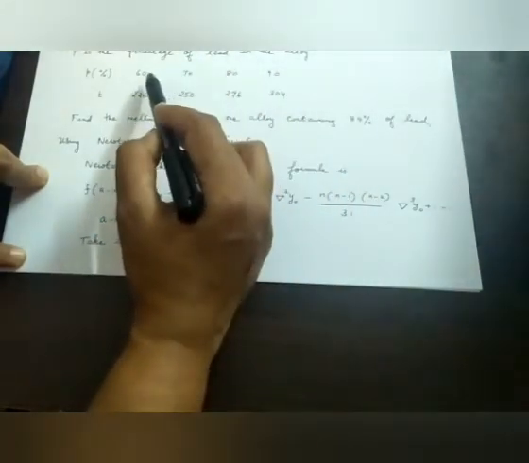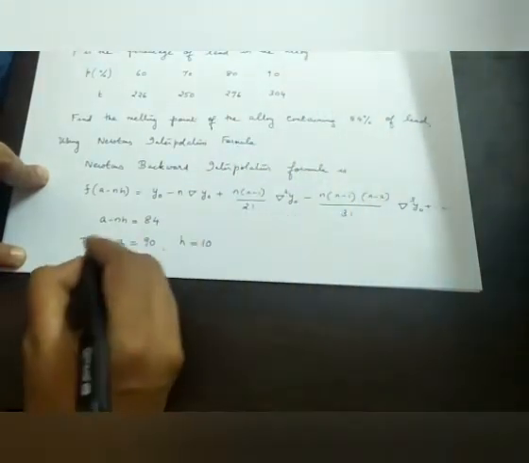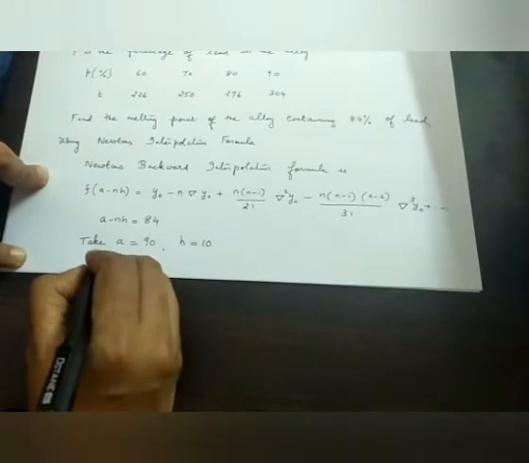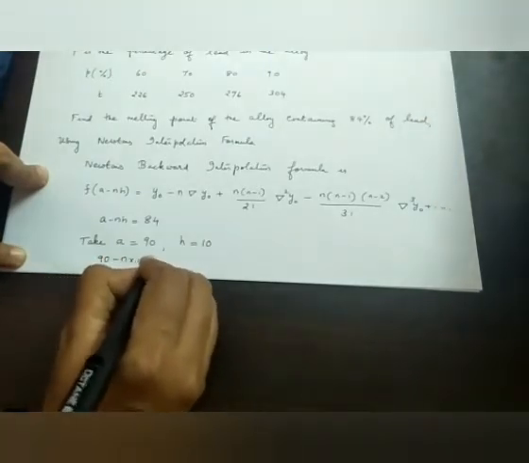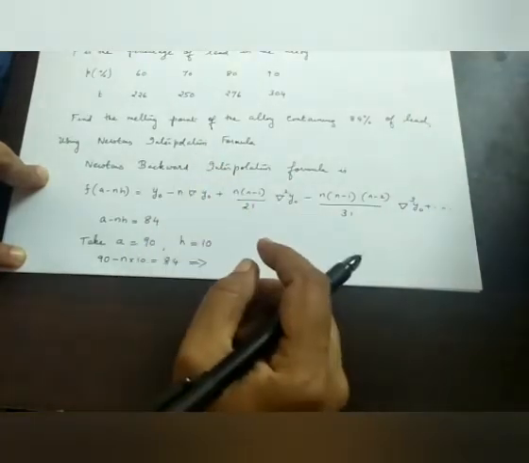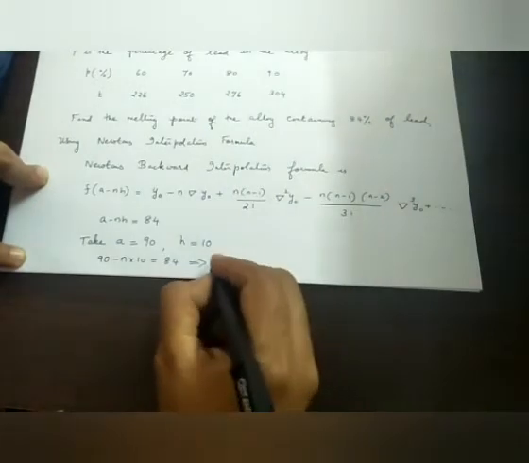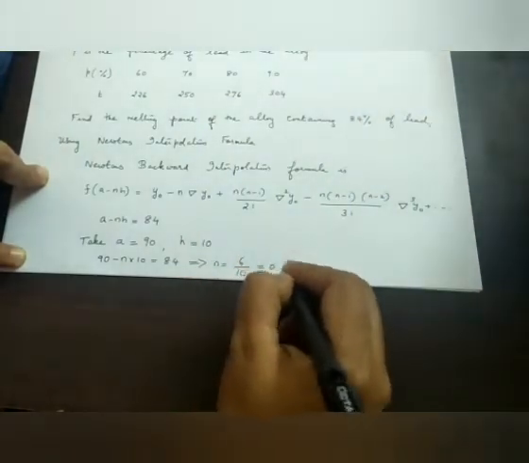Now h is the difference between two consecutive values of x. It is 10. Therefore, we can apply here. We will get 90 minus n into 10 is equal to 84. On solving this, we will get n as 6 by 10, which is equal to 0.6.